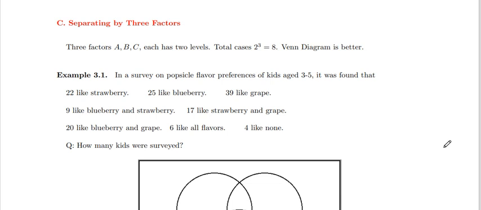Okay. So we are talking about separating everything into parts by one fact, or by 2 facts, or by many facts. So how about 3 factors? With 3 factors, the situation becomes quite complicated, so we can only consider a very simple case, like each fact has only 2 levels.